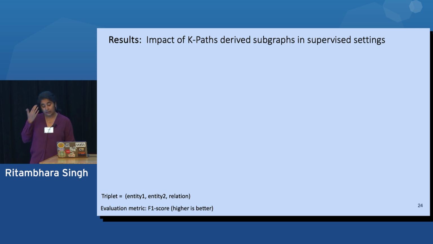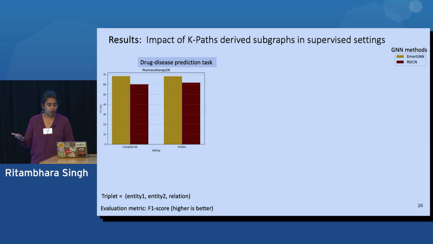Lastly, we also test the usefulness of this K-PATHS algorithm for supervised settings. So like I said, we are going to take these state-of-the-art GNN methods, MRGNN and relational GCN, and we are going to train them on the complete graph versus the subgraph that we extract using K-PATHS, just to see how well we do in performance.